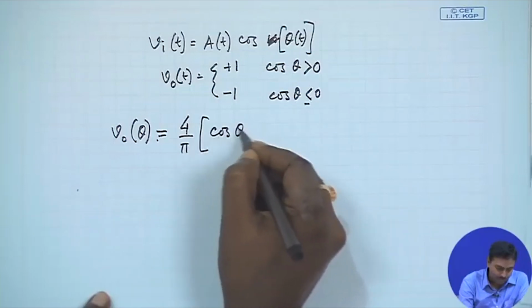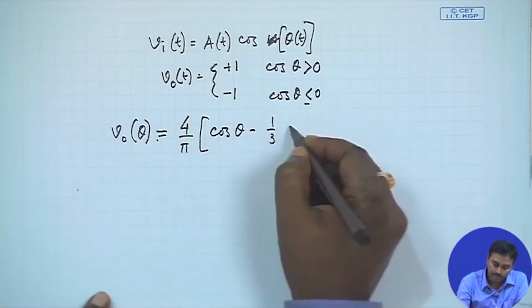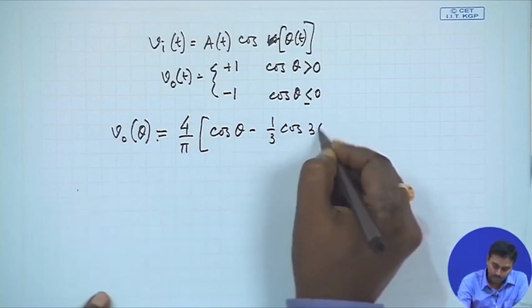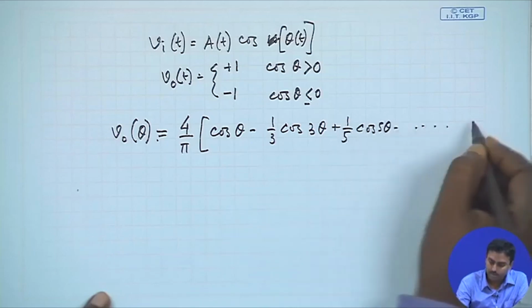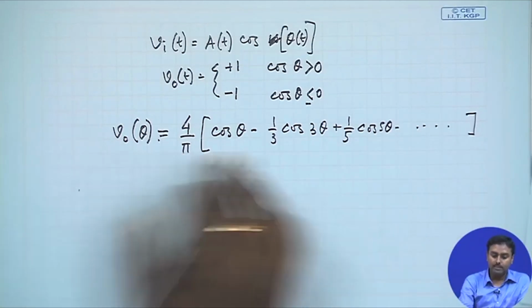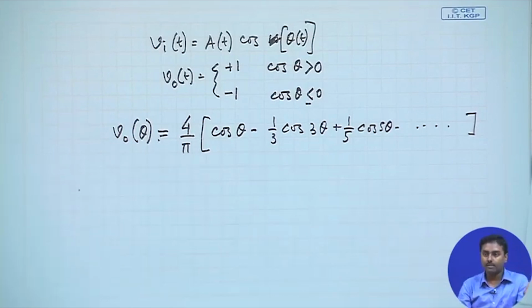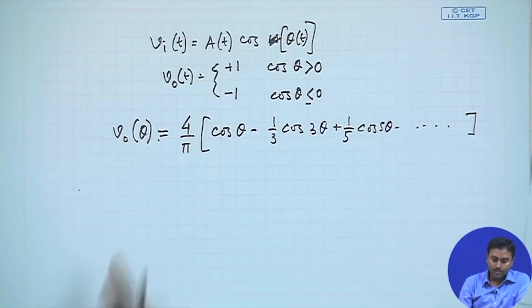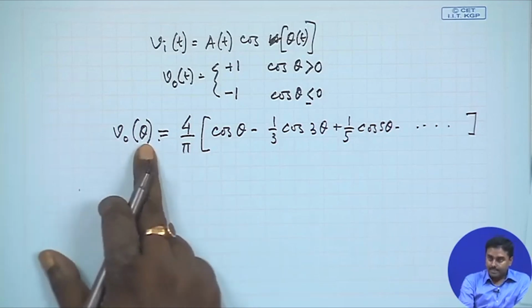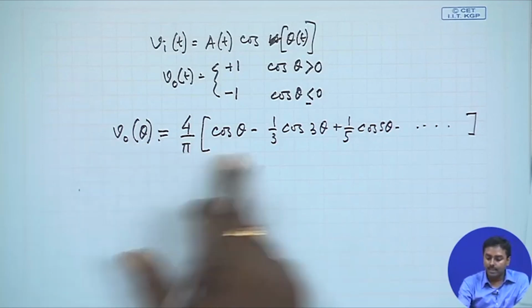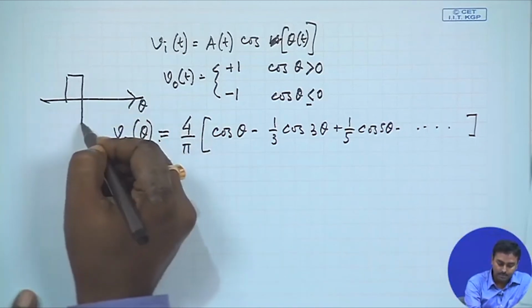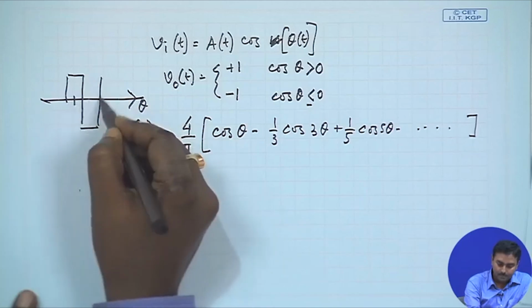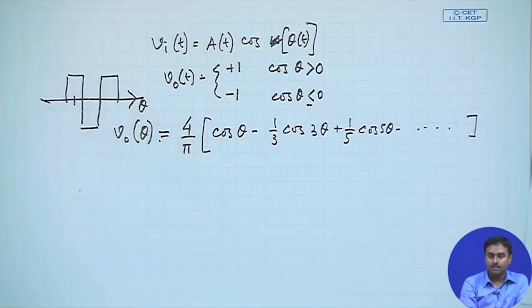So, that should be cos theta minus 1/3 cos 3 theta plus 1/5 cos 5 theta minus dot dot dot up to infinity, all odd harmonics will be there. This representation we have already done in our Fourier series analysis. Okay. So, V output of theta must be represented as this, because with respect to theta it looks like this. Okay. This is fine.